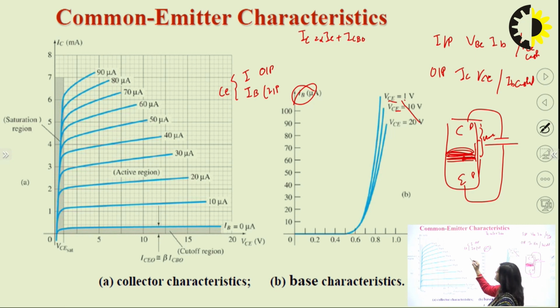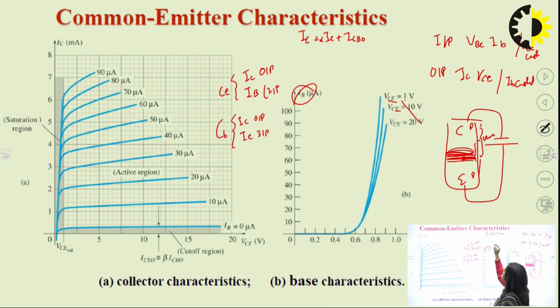In common base, the output current was IC and the input current was IE, and the equation was IC is equal to alpha IE plus ICBO. This is for the common base configuration, but in common emitter configuration we have to reduce this equation in the form of output and input, and our output and input are IC and IB.